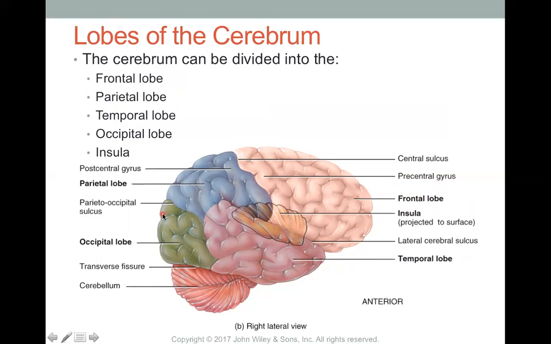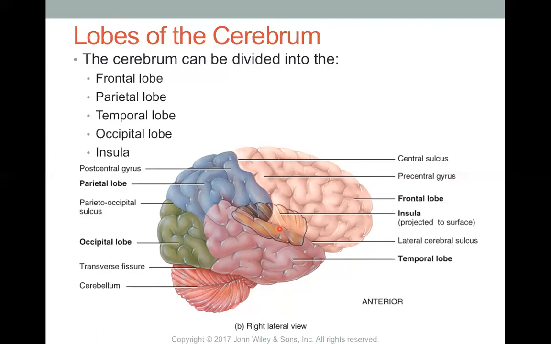The occipital lobe is at the base of your skull, whereas your frontal lobe, of course, will be at the cranium, or the front of your skull. And the temporal lobe, if we think about it, our ear would be right below this temporal lobe, right about this area. And then here you can see they've given you an outline of the insula, because remember, it is within.